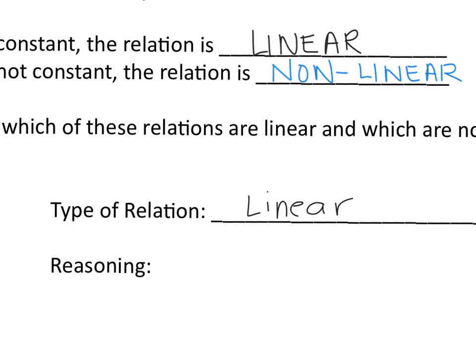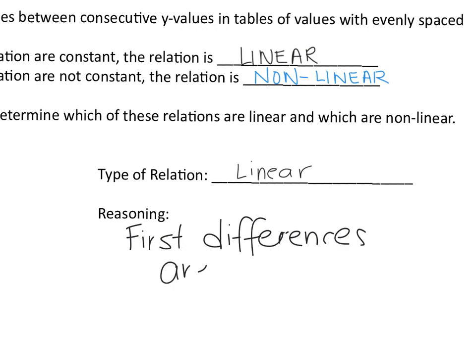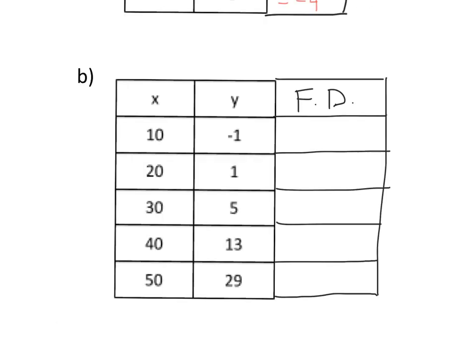And the reasoning that I can provide for knowing that it is a linear relation is that the first differences are constant. Constant means that it's the same value that appears when we did our first difference calculation. So we got a constant value of -4.